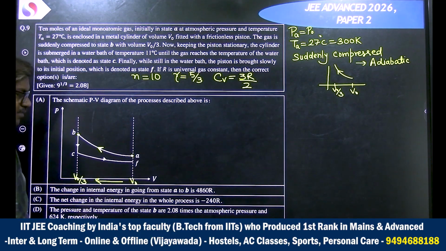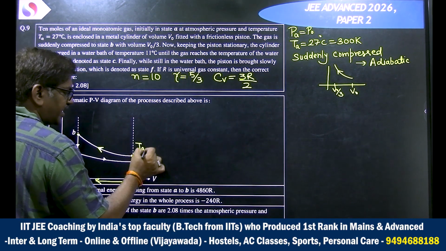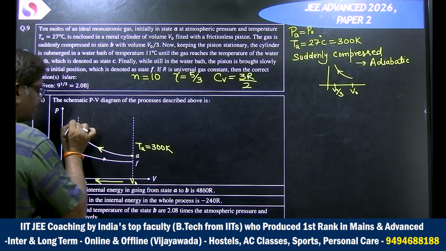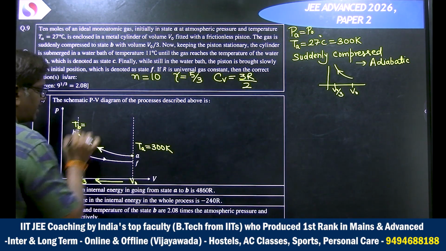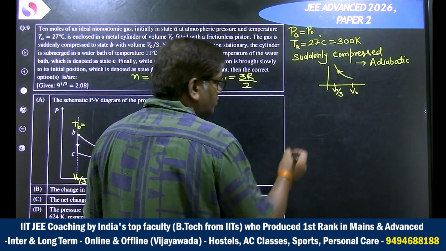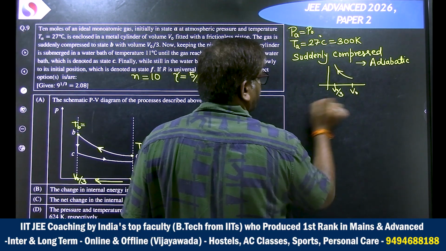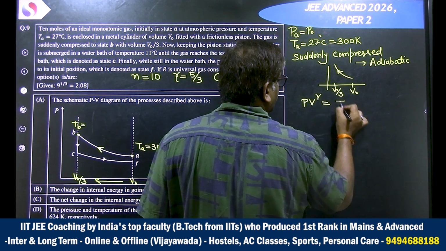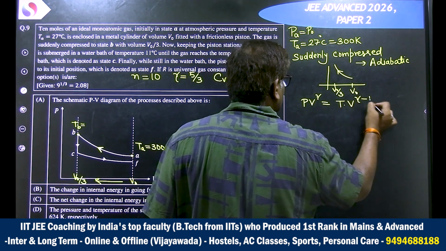The temperature at A will be 300 Kelvin, and we can find out the temperature at B. For that I can apply PV to the power gamma is constant, or we can say T into V to the power gamma minus 1 is constant.